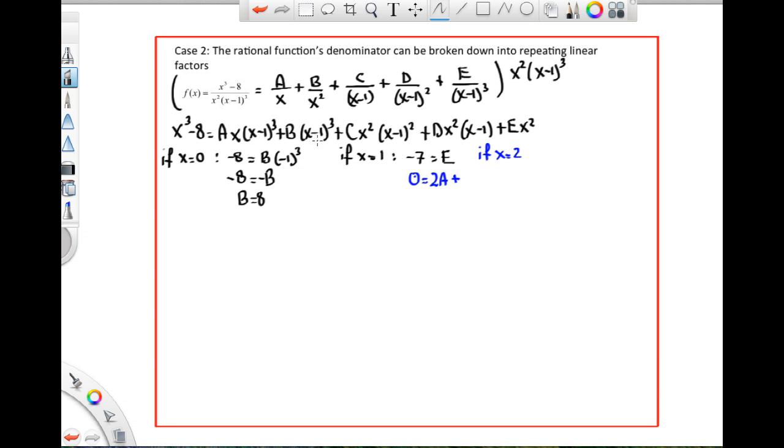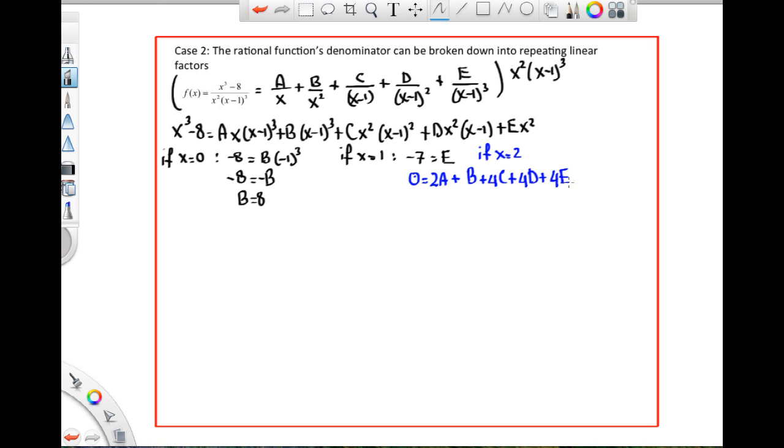plus 2 minus 1 is 1, so I get 1b, right? Plus 2 minus 1 is 1, but that's a 2 squared, so 4 times 1 is 4, so I get plus 4c, plus 2 squared is 4, and 2 minus 1 is 1, so that's plus 4d, plus 4e.